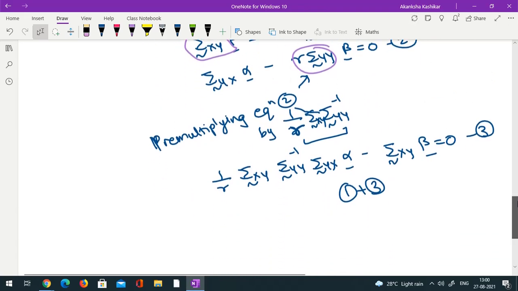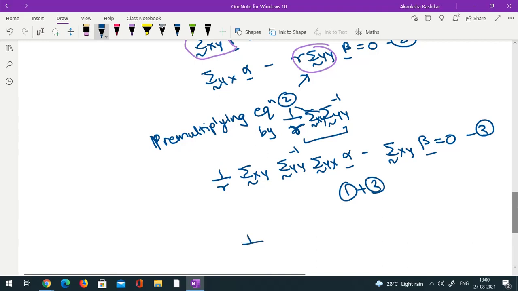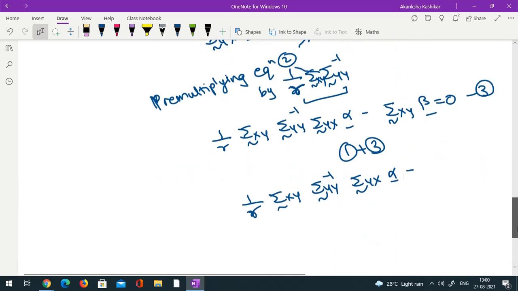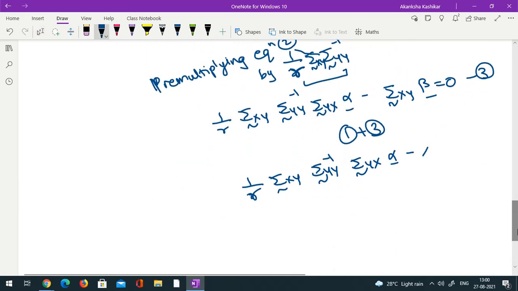So I'll be left with 1 by gamma sigma xy sigma yy inverse sigma yx alpha minus lambda sigma xx alpha equal to 0.